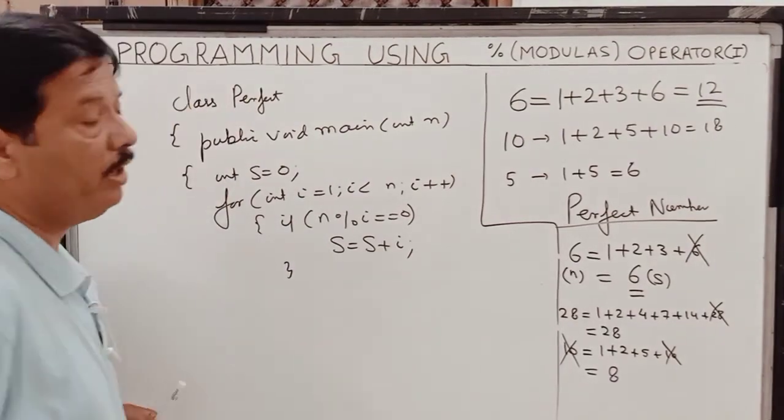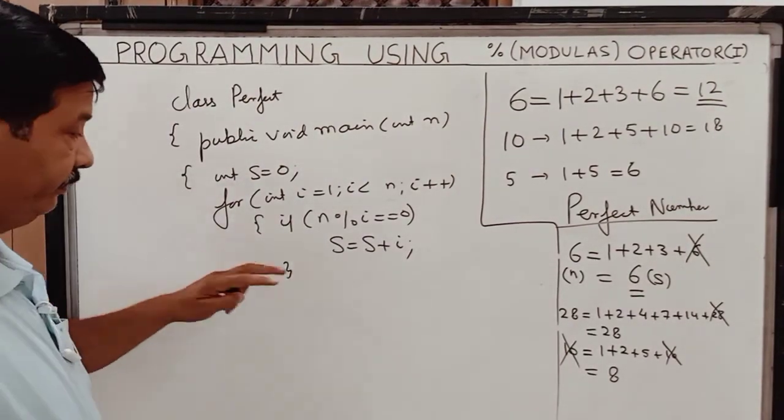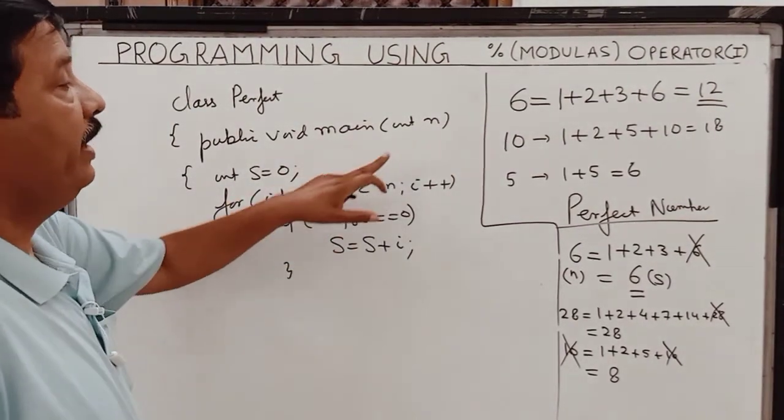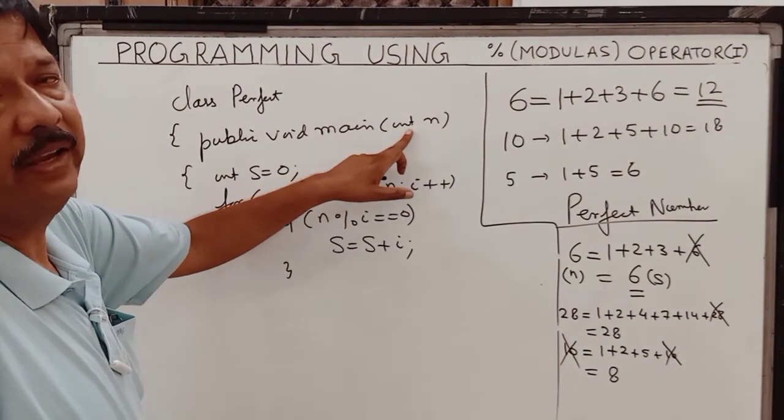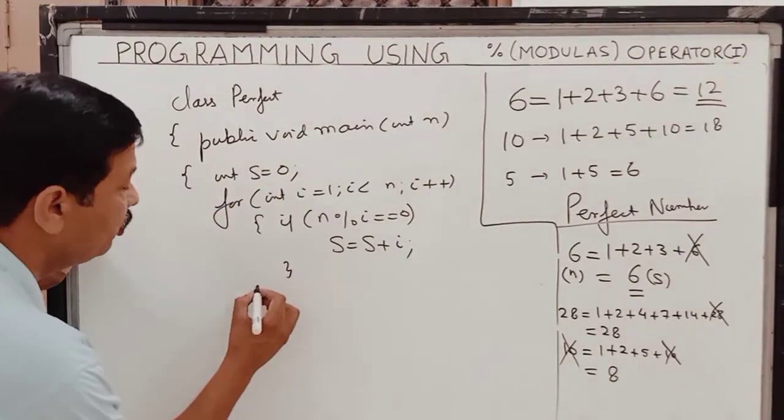Now I am going to check a condition. If this sum is equal to this n, then this n is a perfect number. So what I have to check?